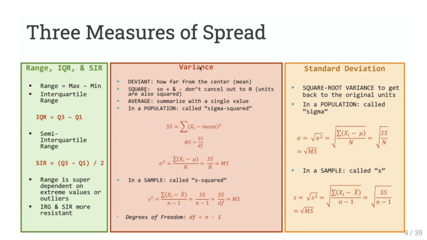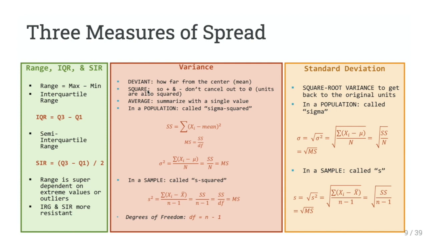When it comes to the variance, you're going to be using the mean. And so anything that affects the mean is also going to affect the variance. So outliers that do affect the mean are also going to affect the variance. So what is the variance even talking about? Well, it's the deviance.